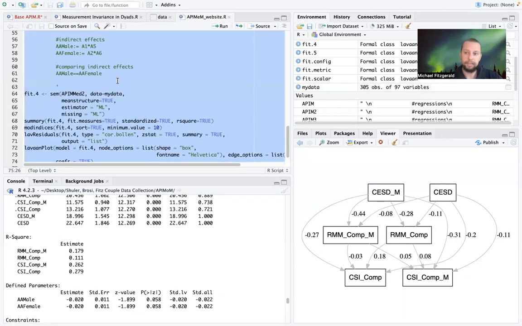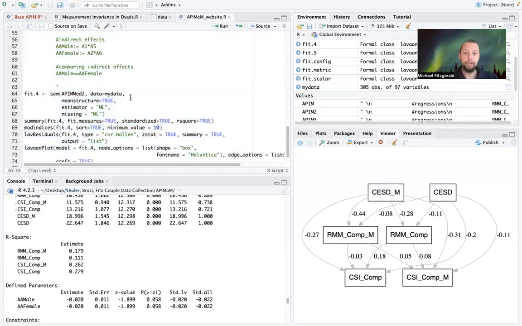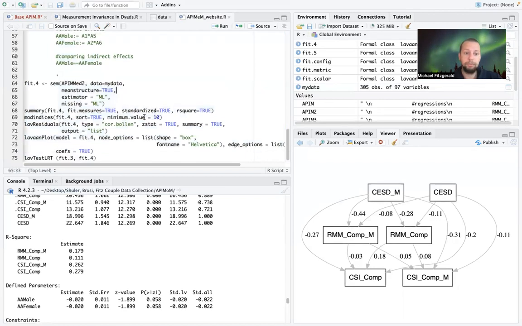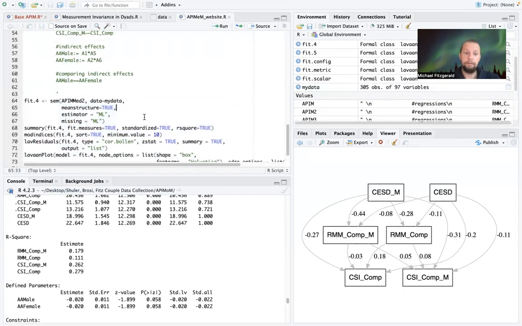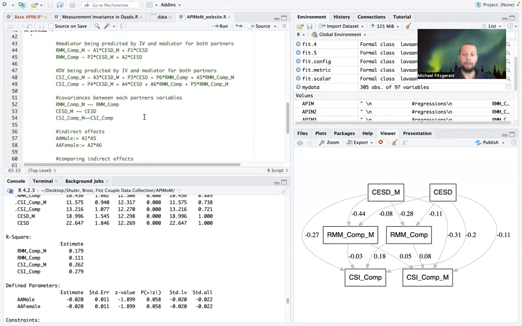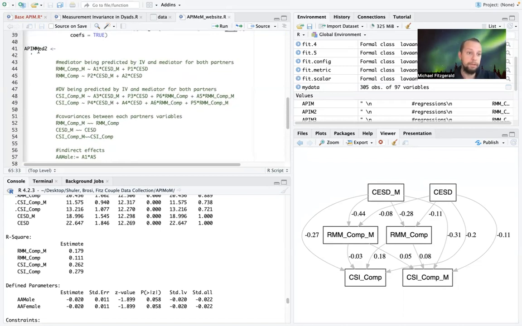If we were to subtract them off, the difference would be 0.05, and we might not have the statistical power. So that's something that we would also need to consider when interpreting these effects. And so that is going to be this first model that we are going to run and use as a comparison.